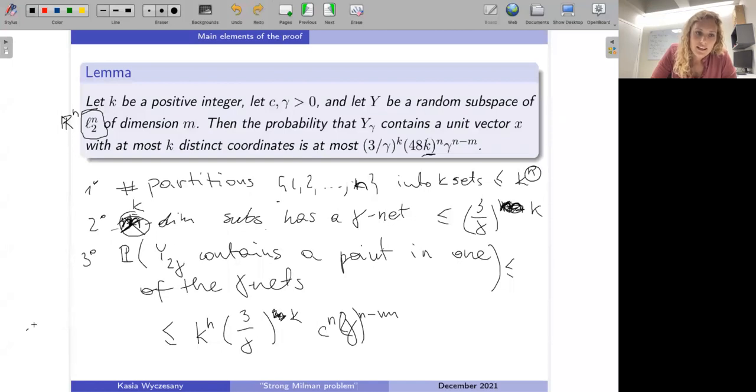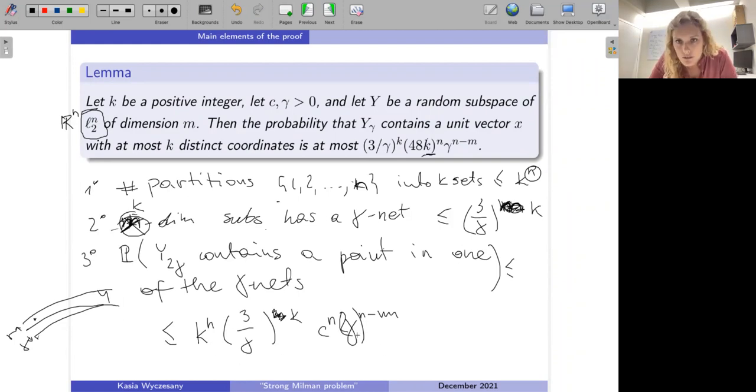So this is my y. Now this is my gamma extension. So here is the distance at most gamma, and here is distance at most gamma. Then my point is here. Then if I choose any gamma net within y, then this point will be within 2 gamma from a point in a delta net. So that's my claim. And this is the sort of estimate here.